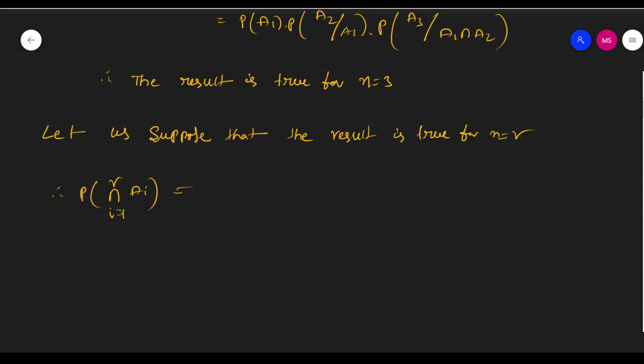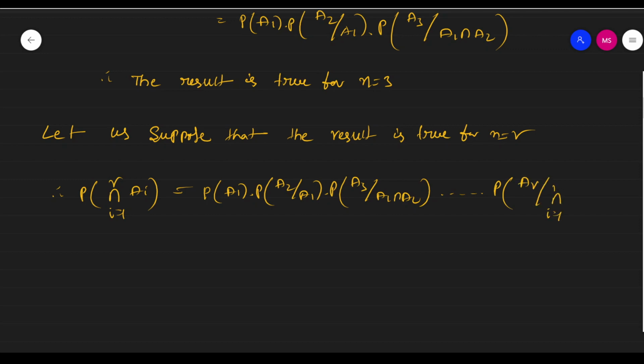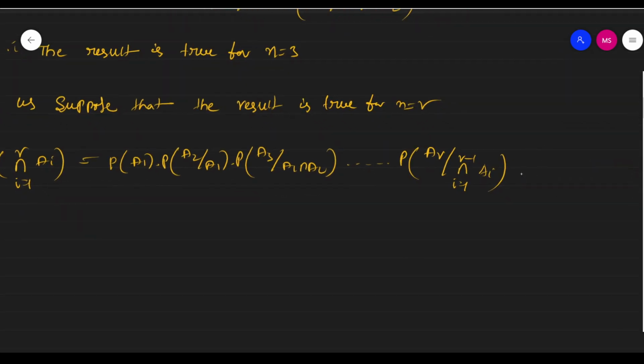So this step is completed. That is P of A1 into P of A2 given A1 into P of A3 given A1 intersection A2, and so on, into P of Ar given the intersection of Ai, i running from 1 to r minus 1. This is equation number 2.